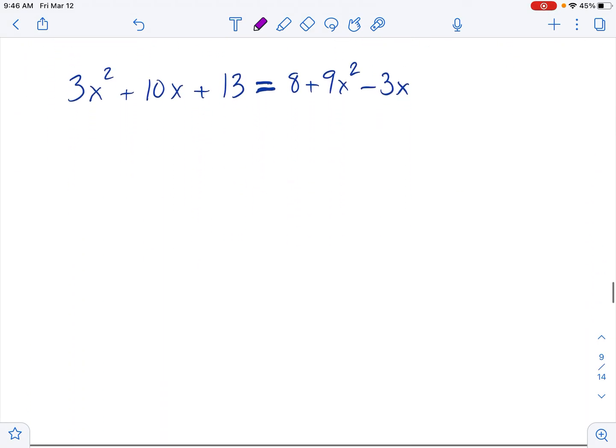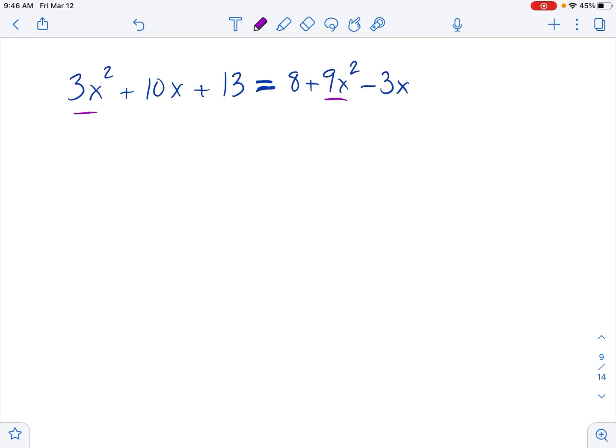Let's look at this tricky one. Ugh. Well, let's just move forward. Let's combine like terms and get everything set equal to 0. So -6x squared. All right, now let's add 3x to both sides to get 13x. Now we have to subtract 8. All right. Cool, so everything's set equal to 0.